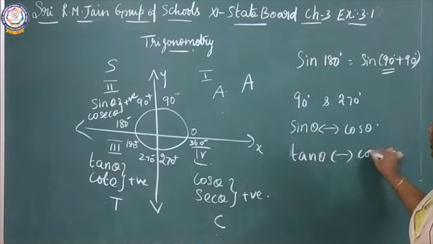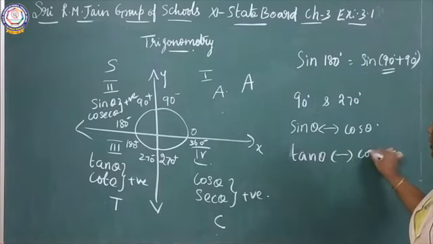Suppose I write cos of 180 minus theta. Which quadrant does 180 minus theta lie in? The second quadrant. In the second quadrant, which is positive? Sin and cosecant. But what is given here?